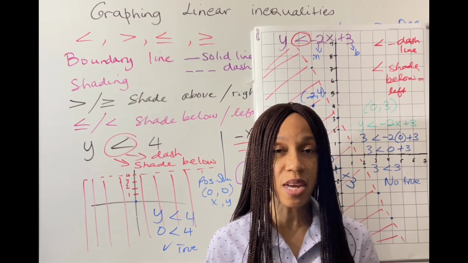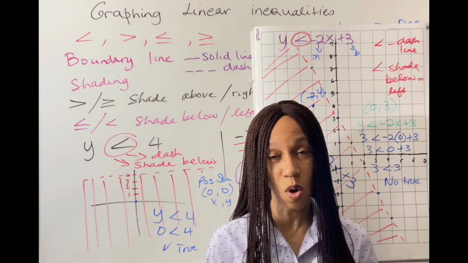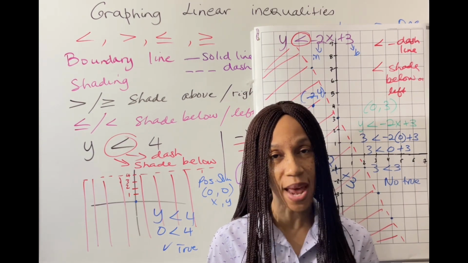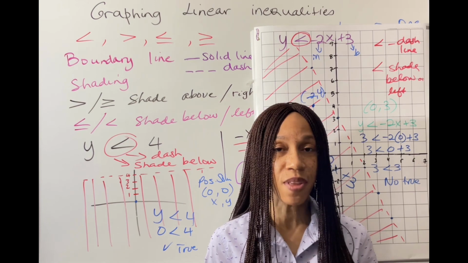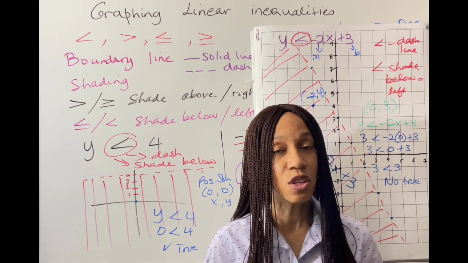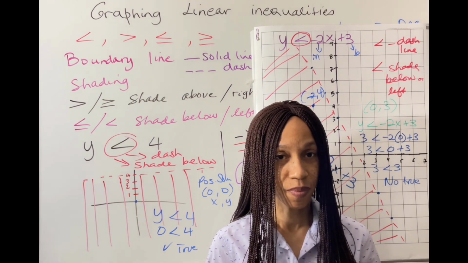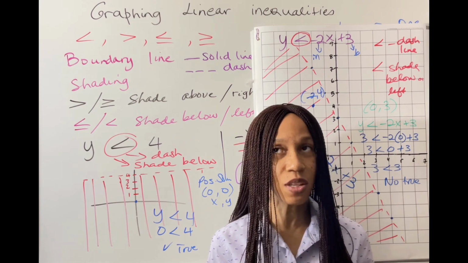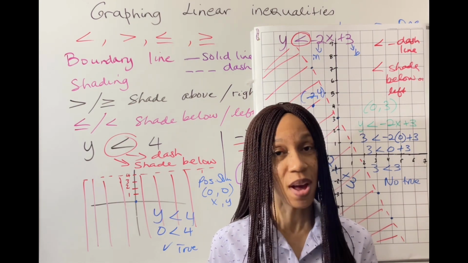However, if the inequality symbol is greater than or equal to, you are going to shade above that line. Or if the line is a vertical line, then you are going to shade to the right of that line. Obviously, if the line is a horizontal line, then yes, you will also have to shade above that line.